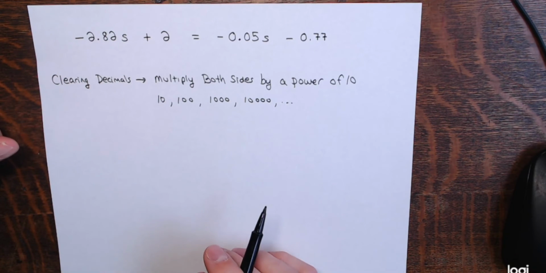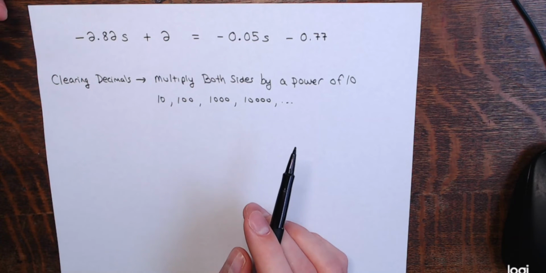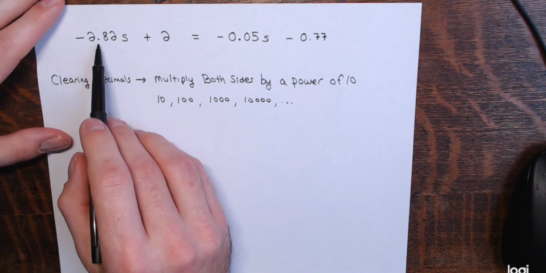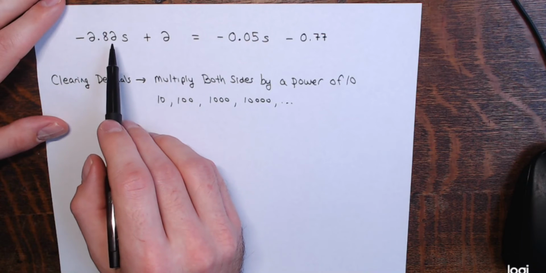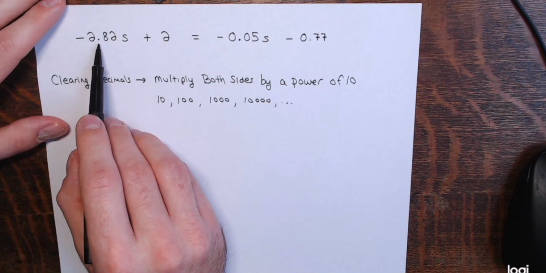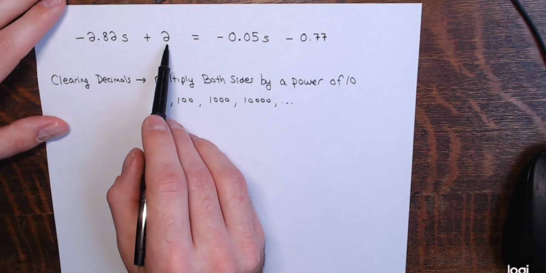Now, in order to figure out what number you should be multiplying by to get rid of the decimals, just think of how many places the decimal point would have to move to make the number an integer. So like this negative 2.82, the decimal point would have to move to the right 2 places. Here, this is already an integer.